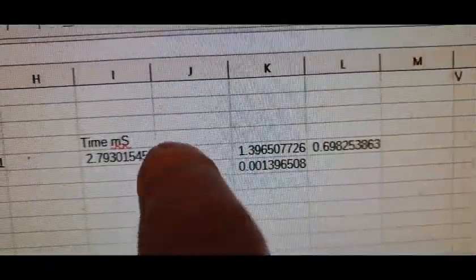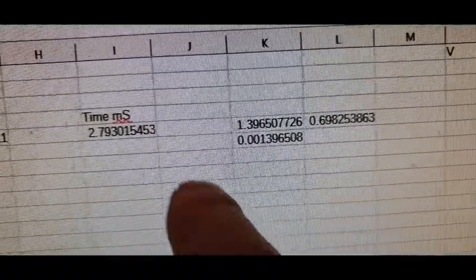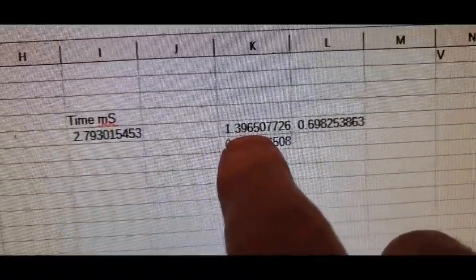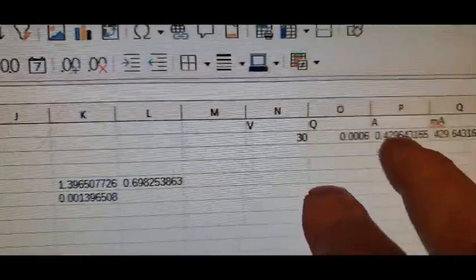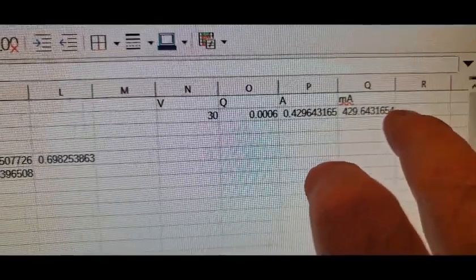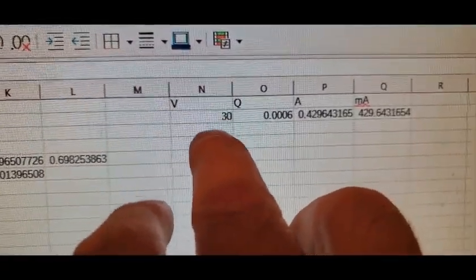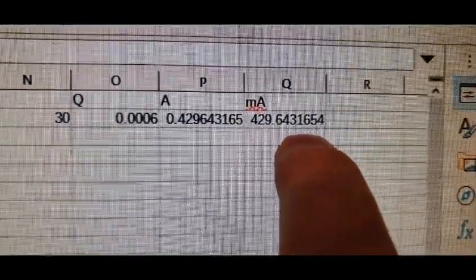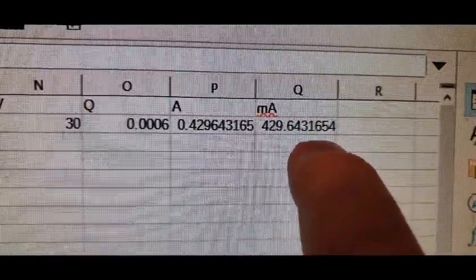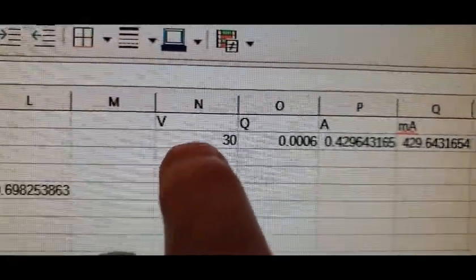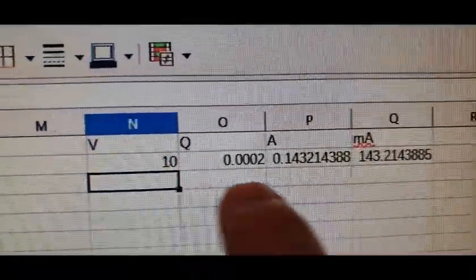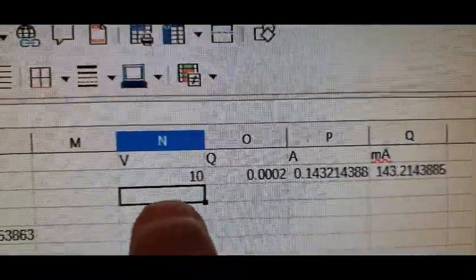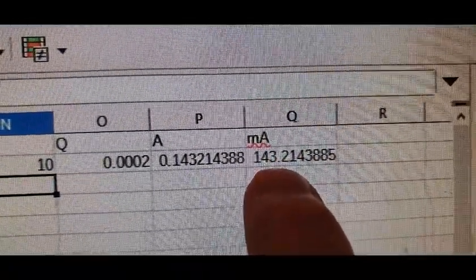And then it would be that many for the thing to go as far negative as it's going to go. And then over here, I just threw something in. What this is doing for you is calculating how many milliamps you're up against. This is at 30 volts, so we're going to be at 10. Okay, so this is 10 millivolts. I'm sorry, 10 volts now, and that many milliamps.